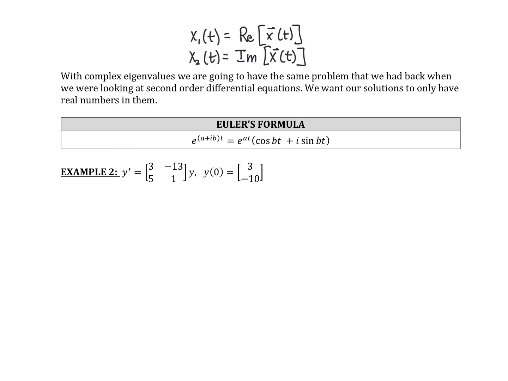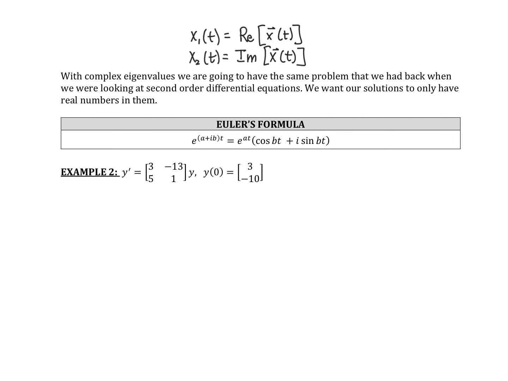This is my goal. So I'm going to have a real part and an imaginary part. Where that's coming from is from the idea of Euler's formula. And again, we're only going to use one of the eigenvalues that we get.